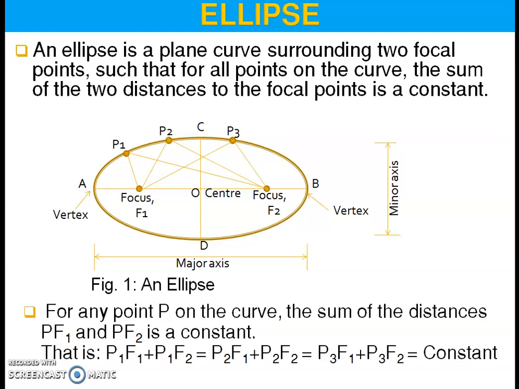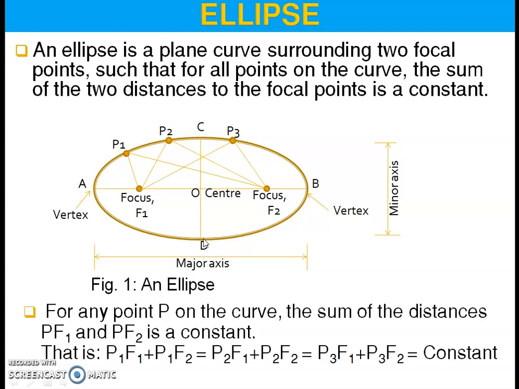Number 2, the line from A to B, which passes through the foci and the center O, is called the major axis, while the line from C to D is the minor axis.